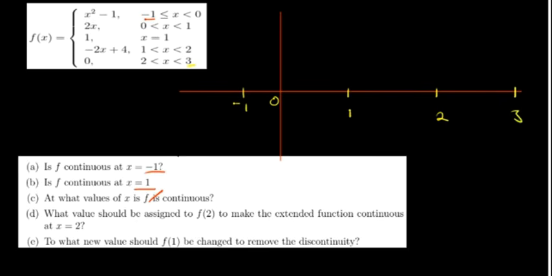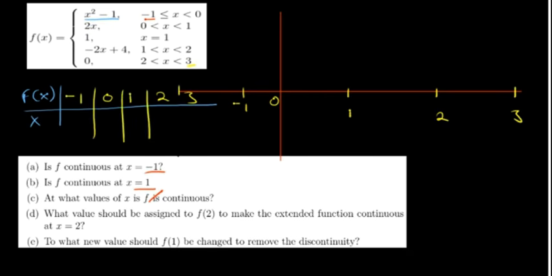Now we can try to sketch. For the first one, the function we have is a quadratic function moving from -1 to 0. You can come up with a table of values first: f of x and then the value of x. So we have -1, 0, 1, 2, 3. This is just a rough first pass.